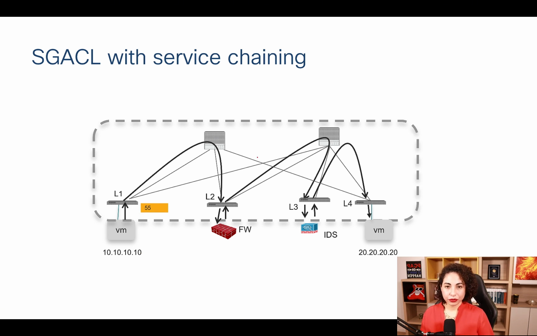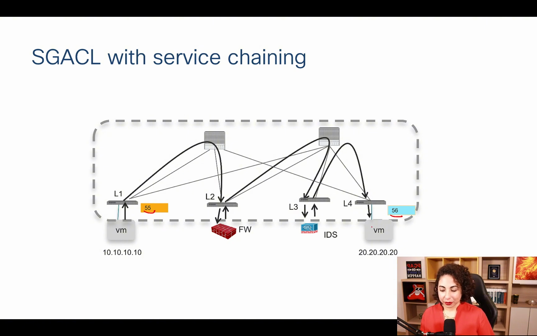So what happens first? First, these two VMs will start sending ARP traffic or control plane traffic. This will allow the leaves to put the VMs into the proper ESG. Thanks to that, leaf 1 will put 10.10.10.10 into ESG 55, and leaf 4 will put 20.20.20.20 into ESG 56.